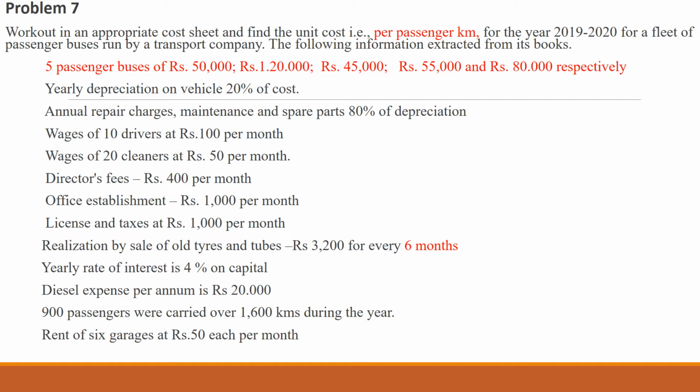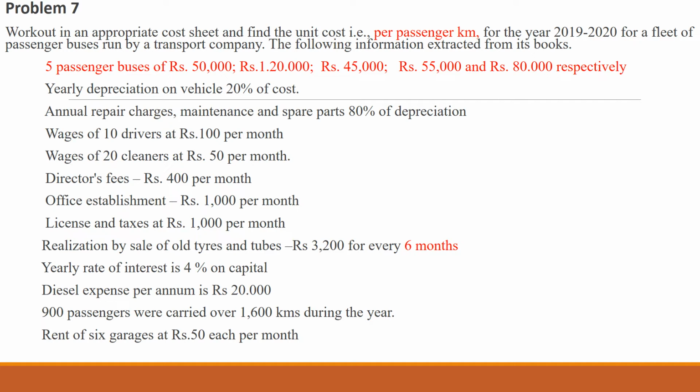On whatever depreciation you get, you have to calculate 80%. Then wages of 10 drivers. In the transport company, 10 drivers are working. Each driver is getting rupees 100 per month. And the wages of 20 cleaners, rupees 50.